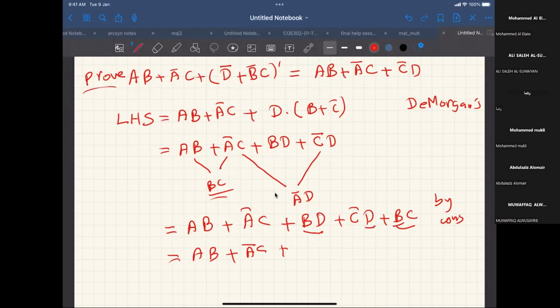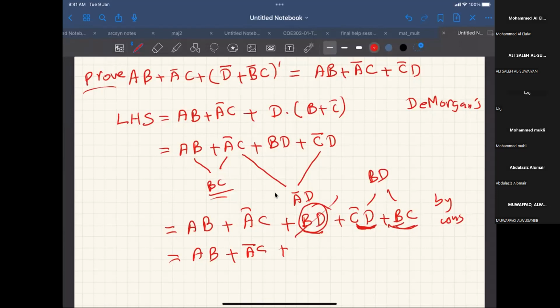So basically, this tells you that the consensus of these two terms is BD, and it is available here. So this can be dropped by the consensus theorem, because it is redundant.